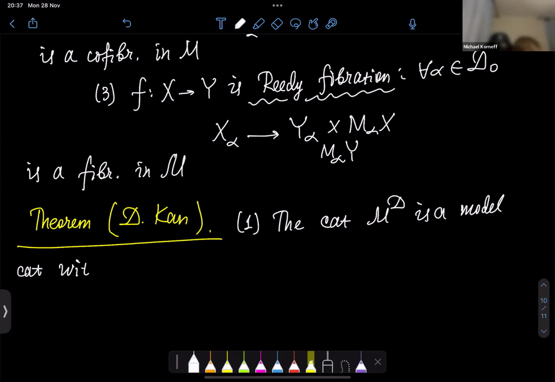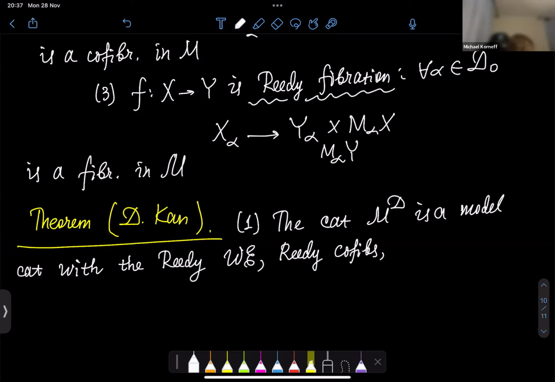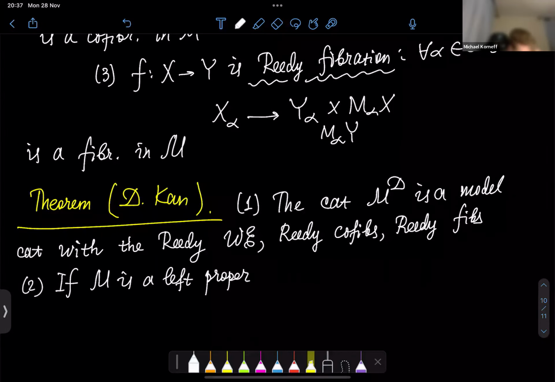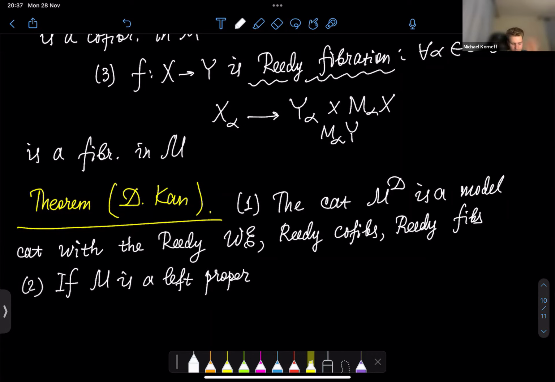with the Reedy weak equivalences, Reedy cofibrations, and Reedy fibrations. And also, if M is left proper, recall that left proper means that a pushout of any weak equivalence along a cofibration is again a weak equivalence.